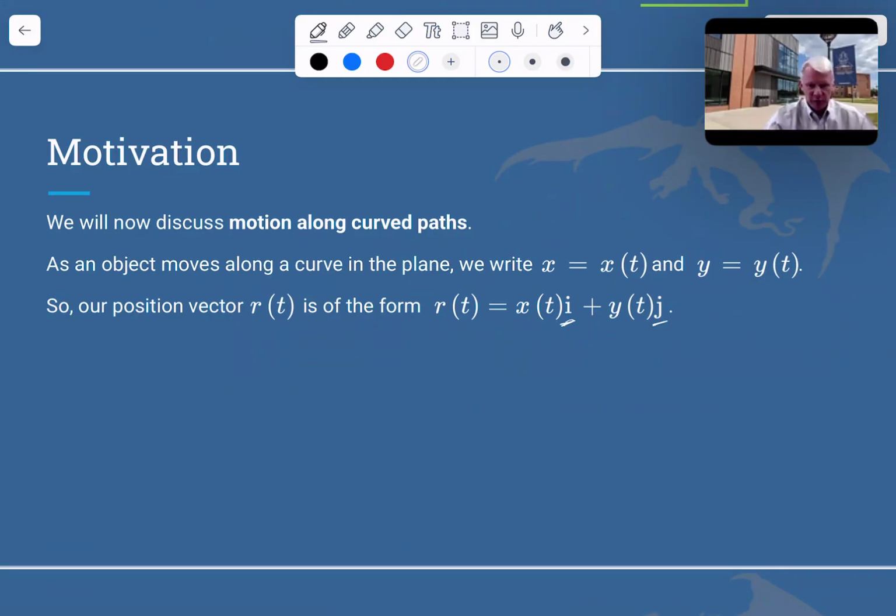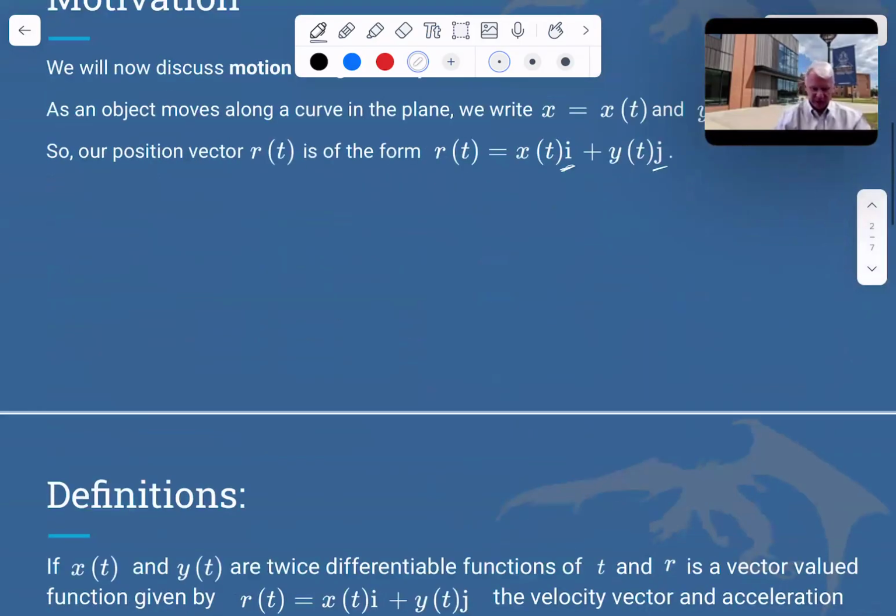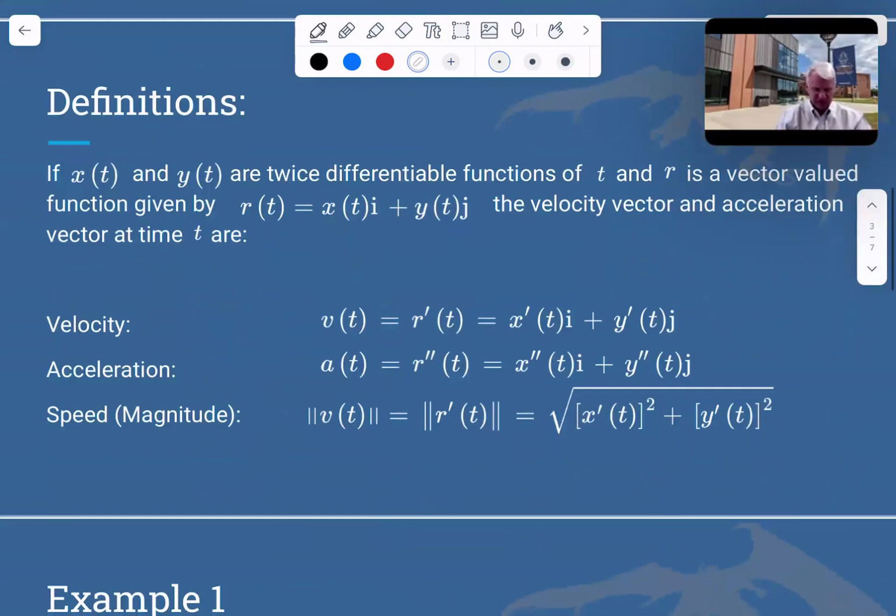So what does that mean? Sometimes it's easier if we just get a definition. If we take a velocity vector, it's pretty standard. You just think of it as the first derivative of your position. Acceleration is the second derivative of position, and then the unusual one here is the speed.